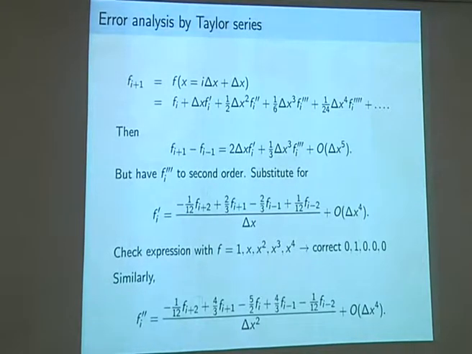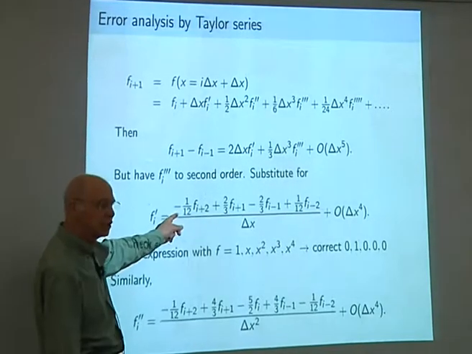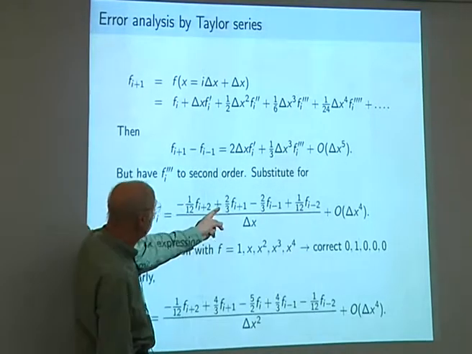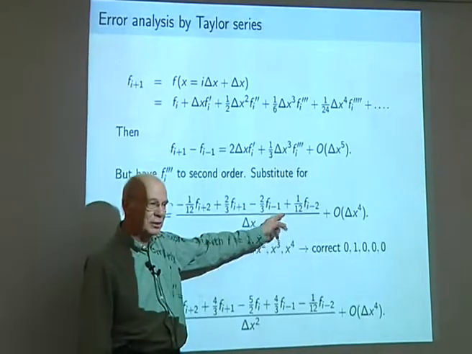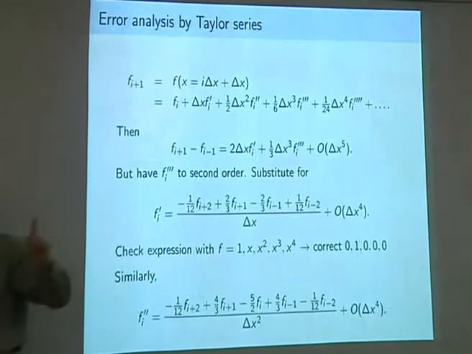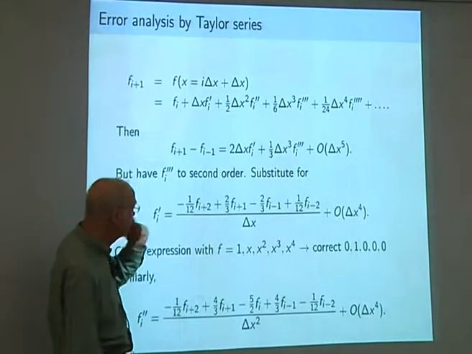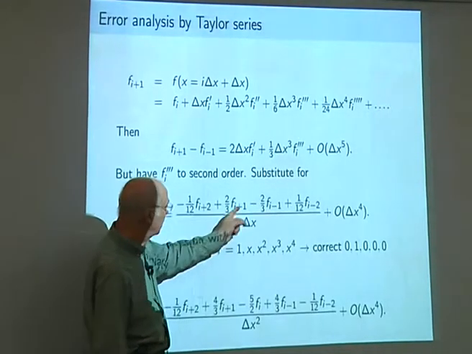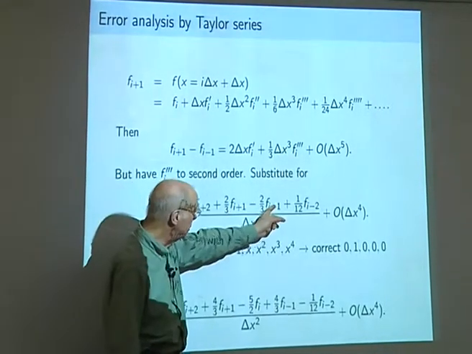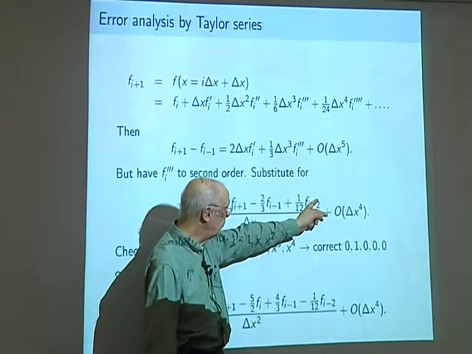Okay, shall we try one? Let's try a constant. That's always easy. So this is minus a 12th plus a 12th. That's 0. Plus 2/3 minus 2/3. So 1 works. You get 0. Now let's try for x. What will happen is this will be 1. This will be 1. That's minus 1. That'll be minus 2.